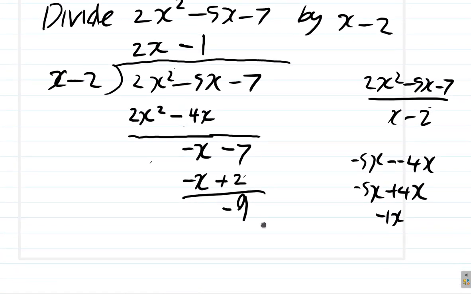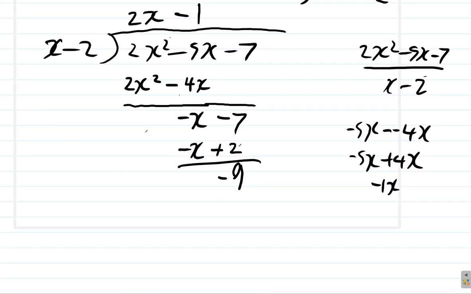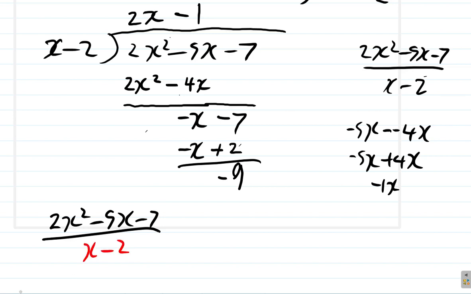Now, what this means is that 2x squared minus 5x minus 7 divided by x minus 2 is equal to 2x minus 1 as the answer.